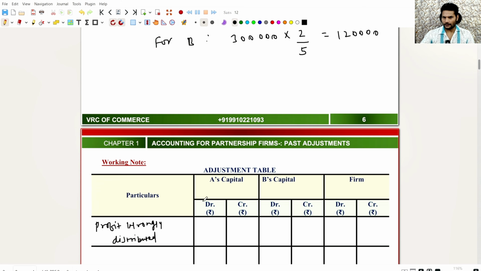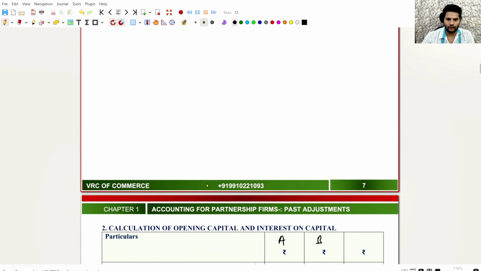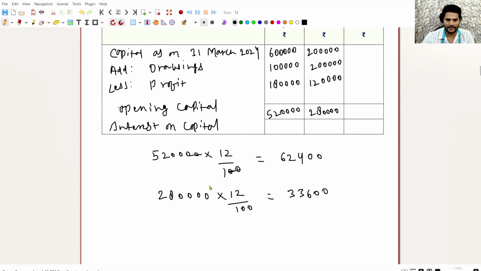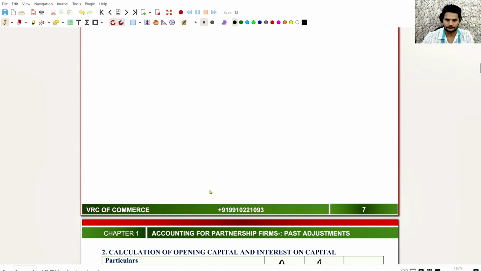So, profit wrongly distributed. Now you have to take back that profit, so in that case, partner's capital account will be debited and the same will be credited to firm account. So what is the profit which was already distributed? Let's find out.